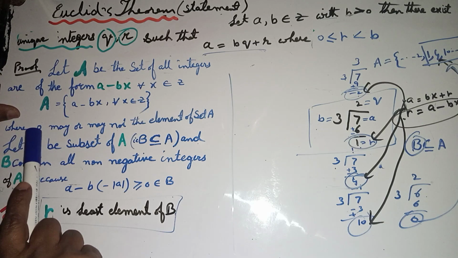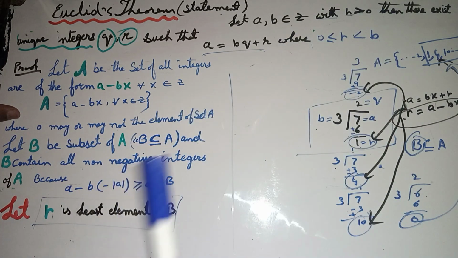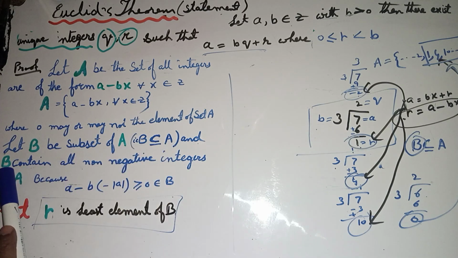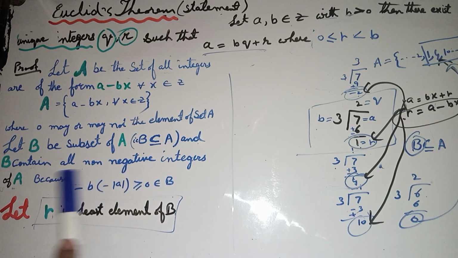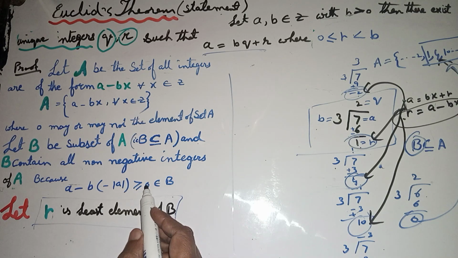As I said, 0 may or may not be an element of A. I take B as a subset of A. B contains all non-negative integers of A. Even if I took here -3, it becomes -9 plus it becomes 16. This also can be positive, maybe 0 or greater than 0.